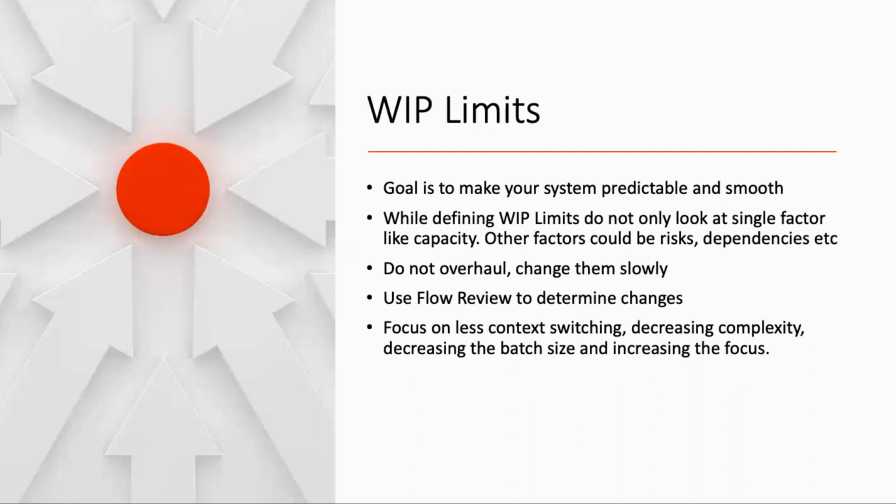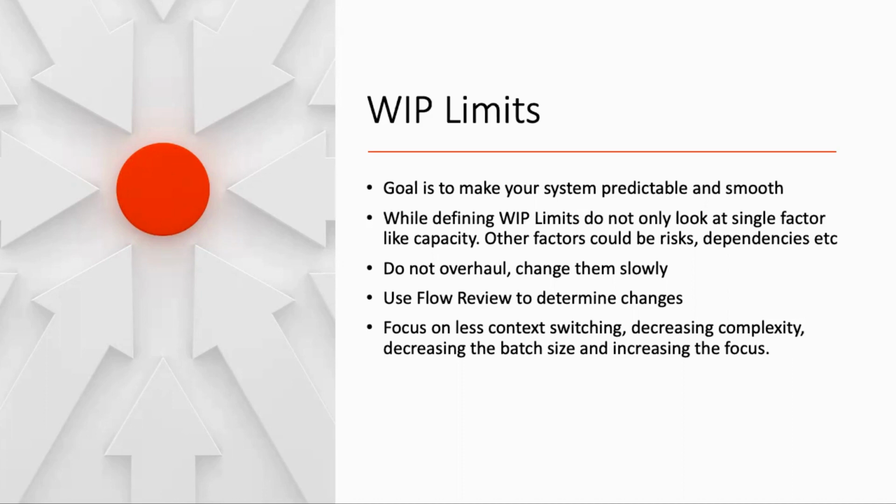Now, having said that, when you set your WIP limits, they might not be set correctly. Your flow might not be smooth. There could be higher wait time in your flow. People might be busy. So you might be setting a higher WIP limit and pulling in more work than you can actually consume.